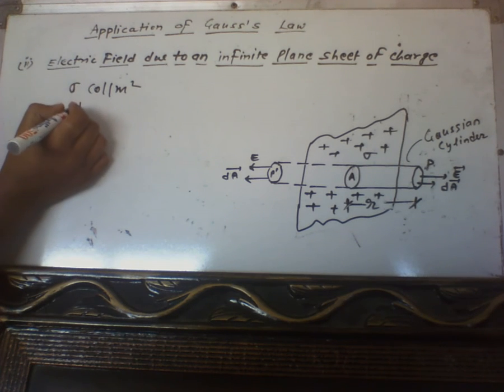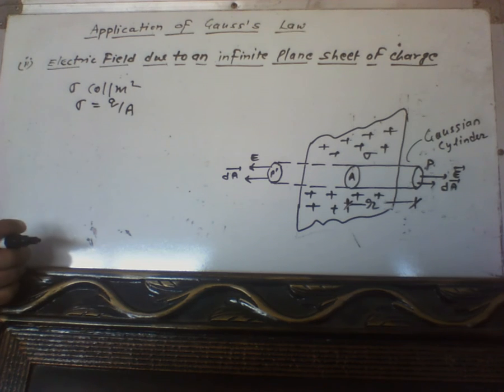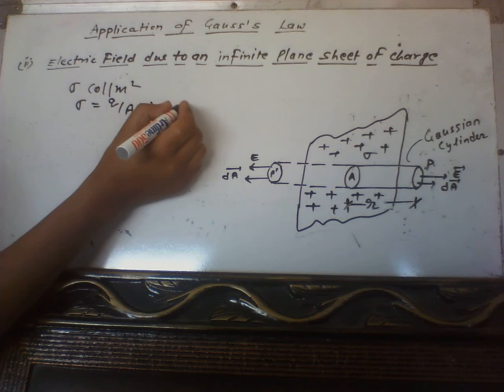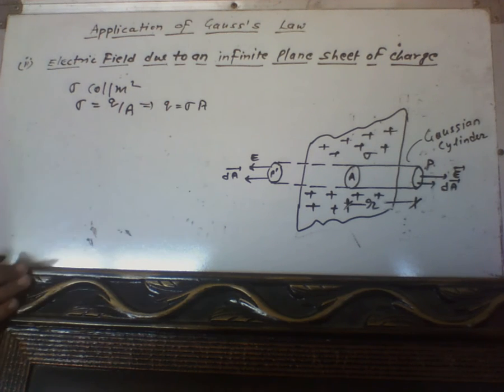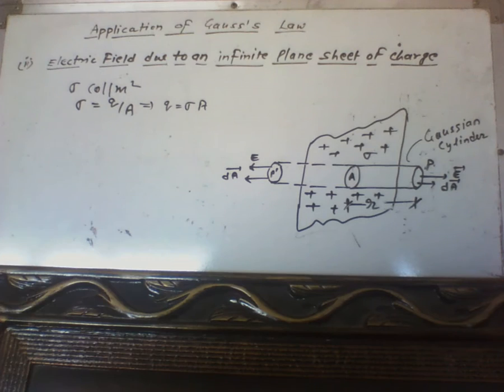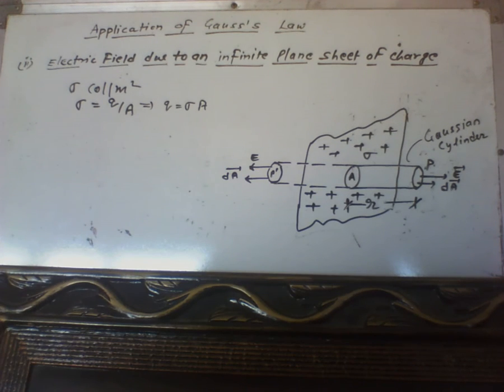As we know, sigma is equal to q by A, so q can be written as sigma A. Now let P be a point at a distance r from the sheet at which we have to find the electric field intensity.